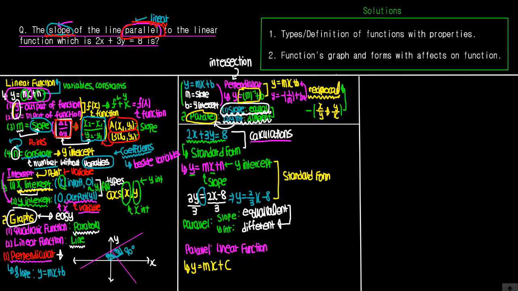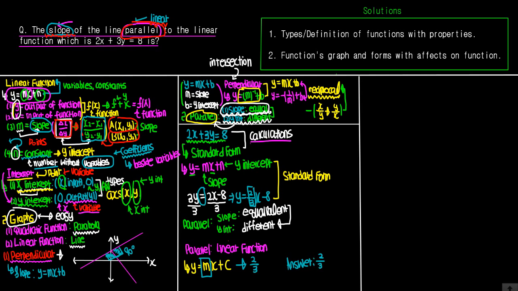All we have to do in this case is solve for our m value, but our m value in our parallel line should always be the same. As we can see from our original function, its slope is 2 over 3. So our answer for this question will be 2 over 3.